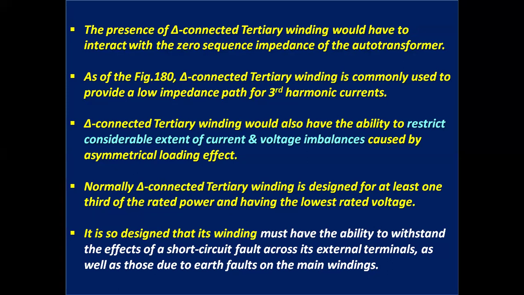It is so designed that its winding must withstand the effects of a short circuit fault across the external terminals as well as those due to earth faults on the main windings.